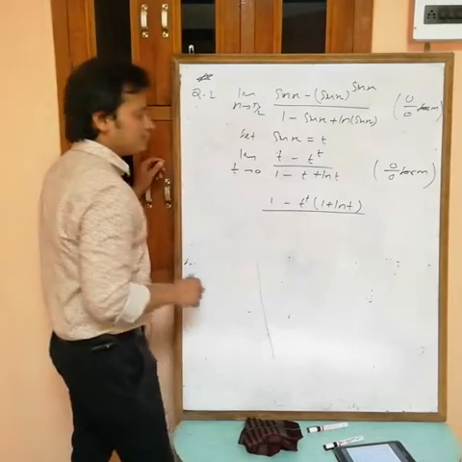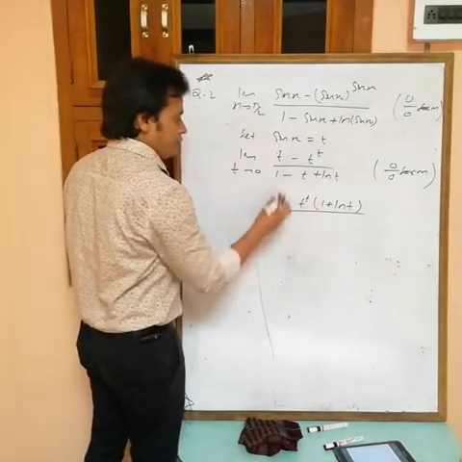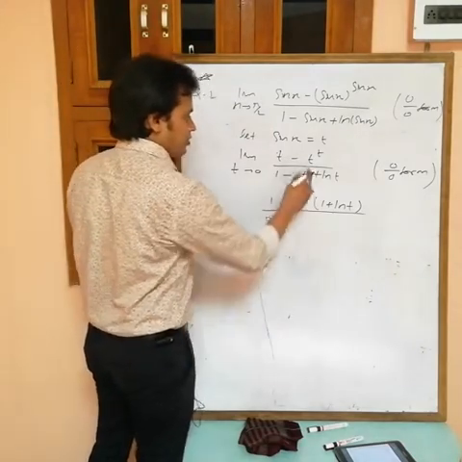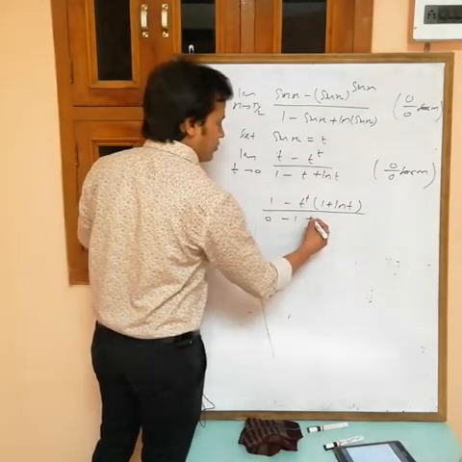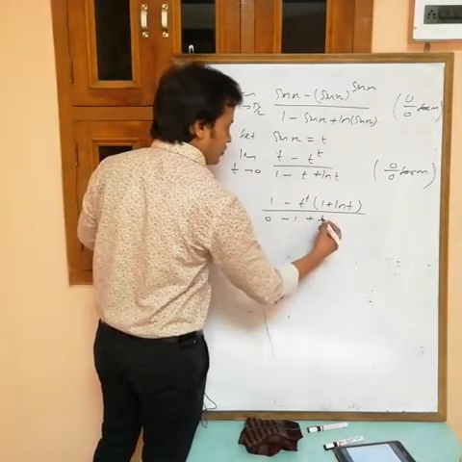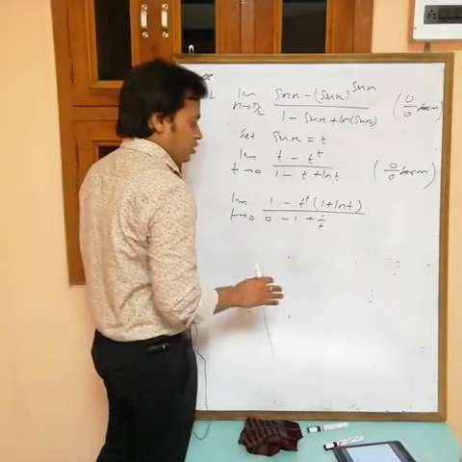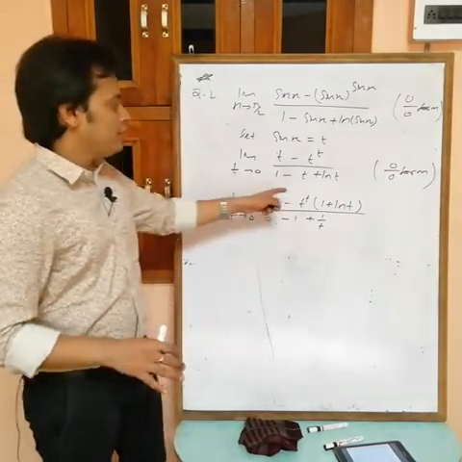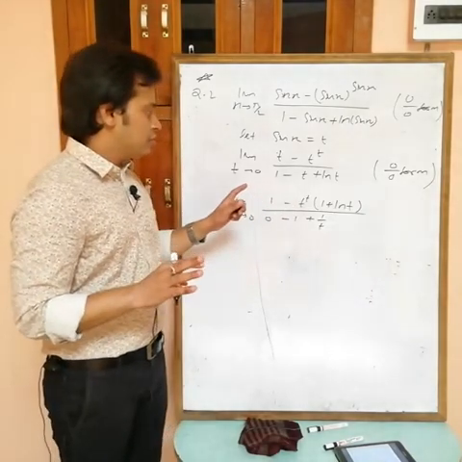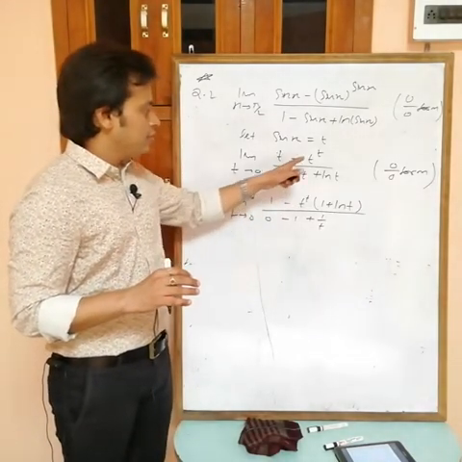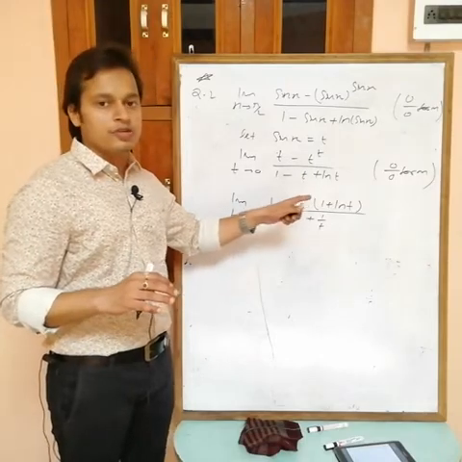In the denominator, the derivative of 1 is 0, minus the derivative of t is 1, and the derivative of ln t is 1 by t. Limit t tending to 1. Now one minute, do you know or not that the derivative of x power x is x power x into 1 plus ln x?